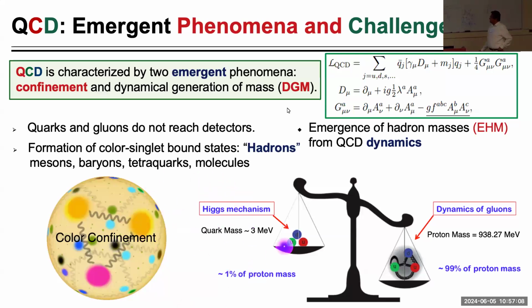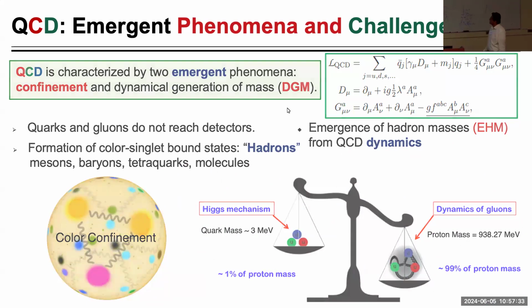So 3 of these quarks, 2 up quarks and a down quark, sit inside a proton. When they traverse distances of the size of a Fermi, the dynamics of QCD gives the proton a large mass of about 1,000 MeV. So 3 particles of 3 MeV each at the Lagrangian level, giving a mass of a proton of about 1,000 MeV.